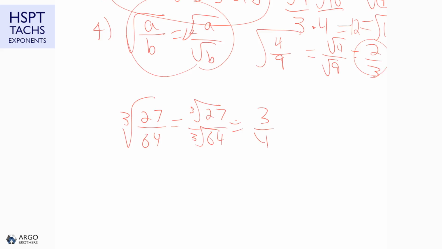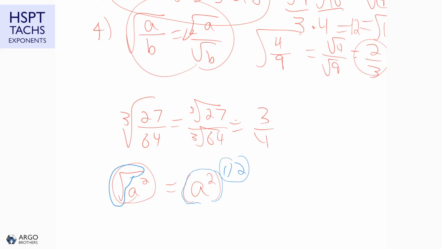I'll just show you guys one other trick, okay? So before we had the square root of a squared. Well, whenever we have the square root of a number, that's the same thing as saying that number, which is a squared, to the 1/2 power, okay? The square root means to the 1/2 power, and whenever you have something like this, the rule is that if you take a number to a power, you multiply the power of this number times the power of this.